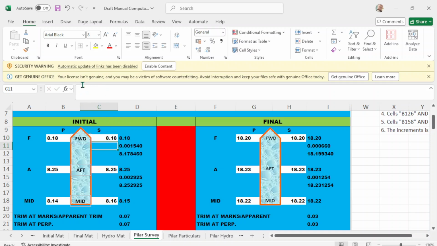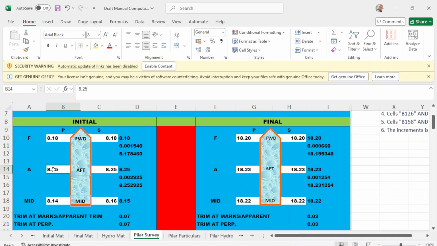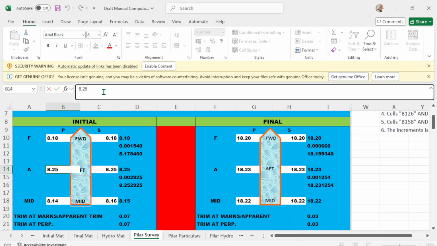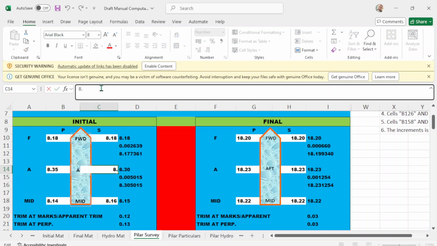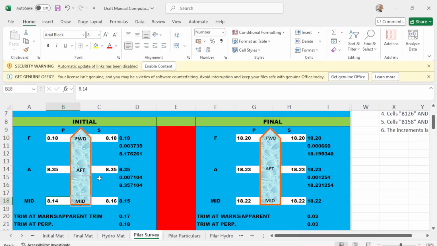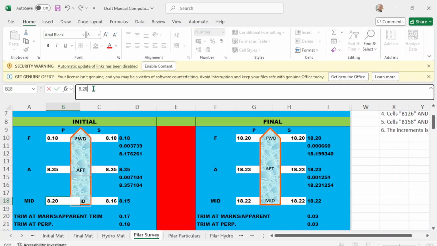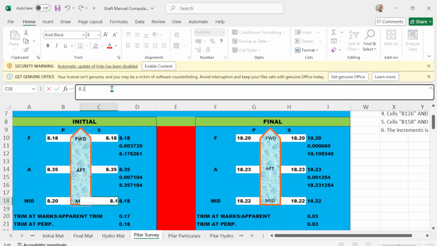Okay. Then aft is how much? Aft is 8.35, and 8.35. Mid is how much? 8.20. Okay, 8.20.